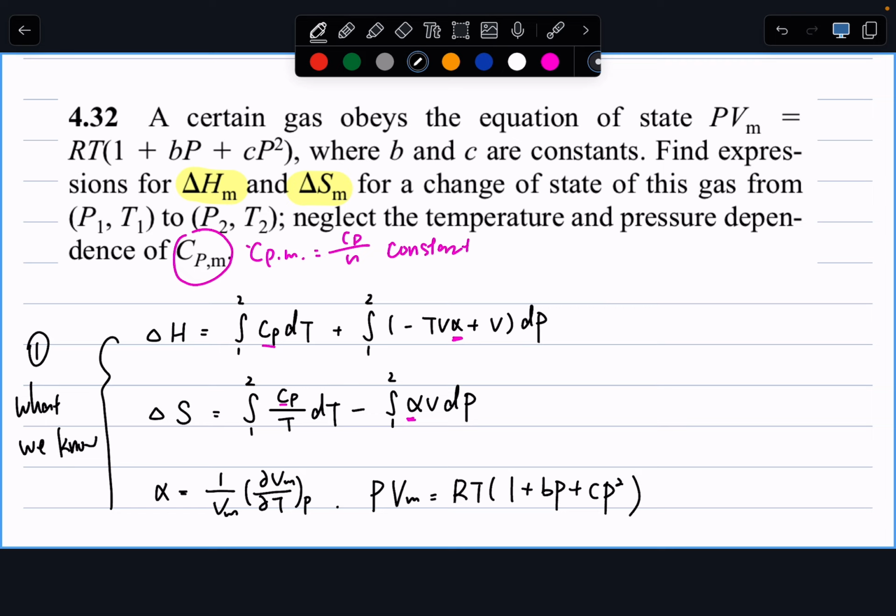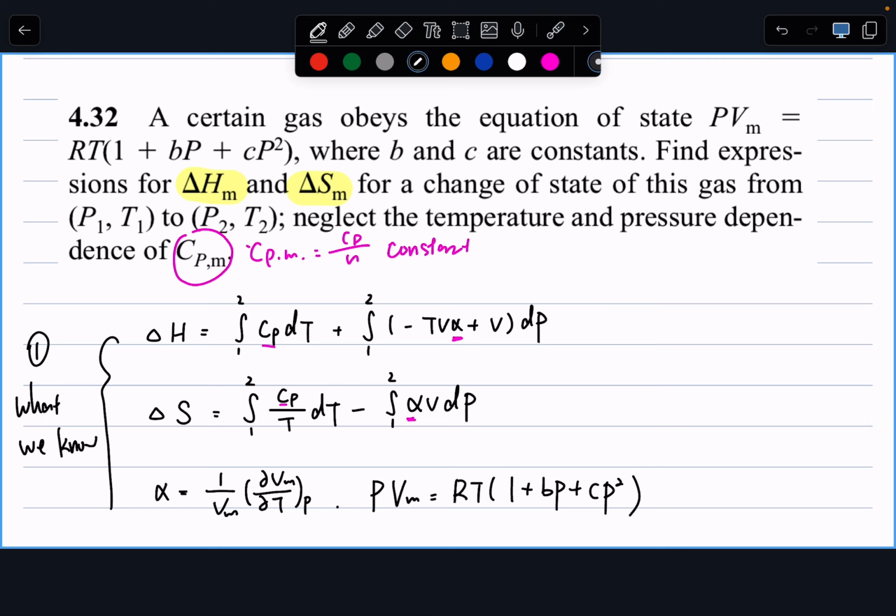What about this term? Now alpha equals 1 over T. That's what we solved for. You plug it in, you find out this term goes to 0. Read it again, and the question is asking for the molar enthalpy change. So my delta H molar change equals delta H over n.